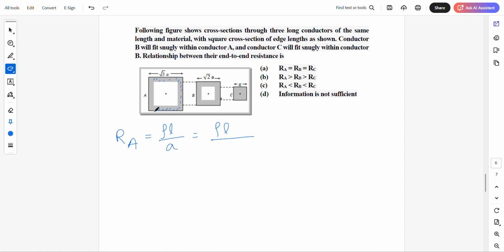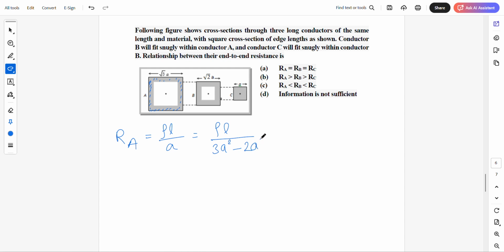The area of this one can be calculated as this length into breadth. Root of 3a into root of 3a, what does it become? It is 3a square, and you have to minus this one. Minus how much? Root 2a into root 2a, how much does it become? 2a square.